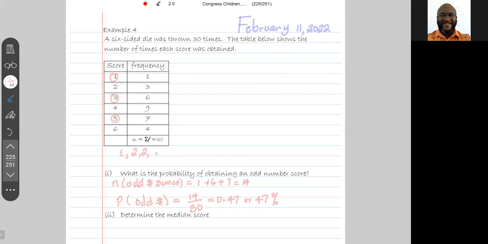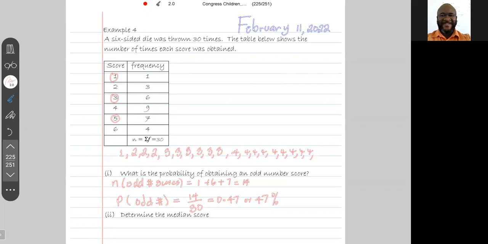There were 6 threes. There were 9 fours. You get the picture, right? So this is what my data looks like.